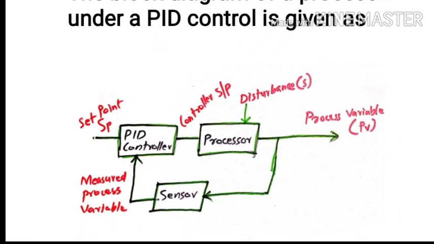The initial value of the error is the set point SP, which is given as input to the PID controller.